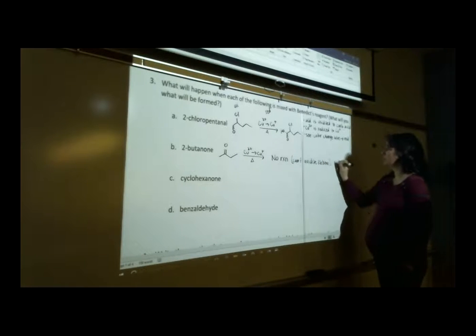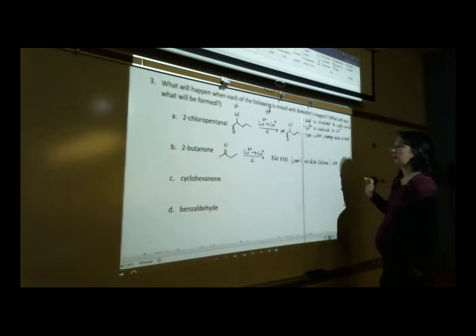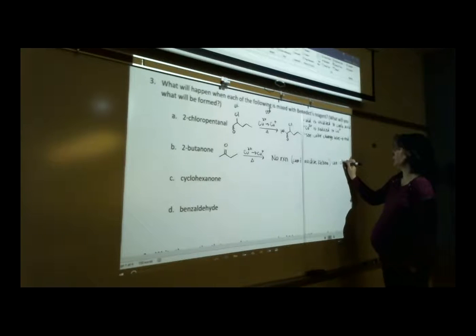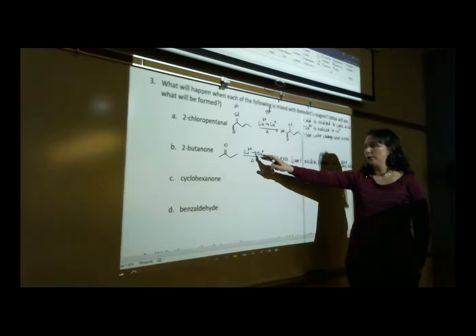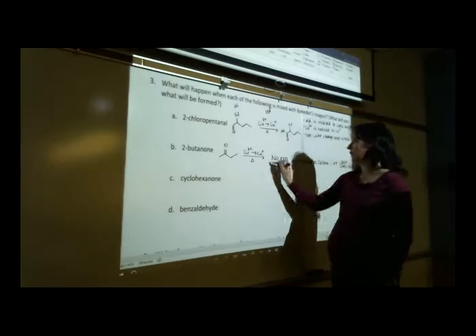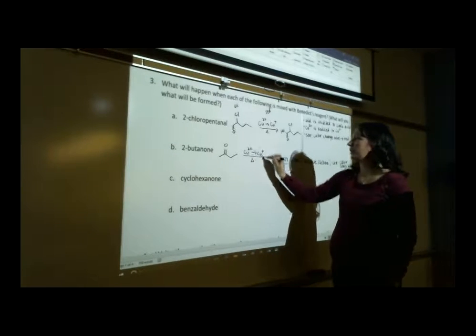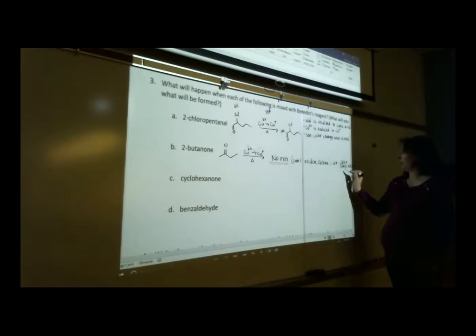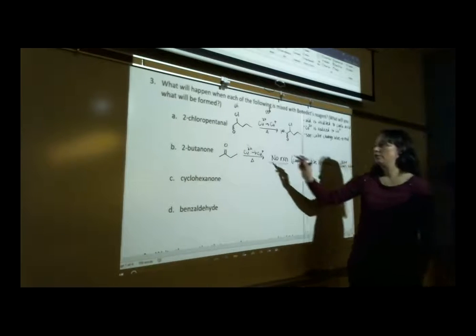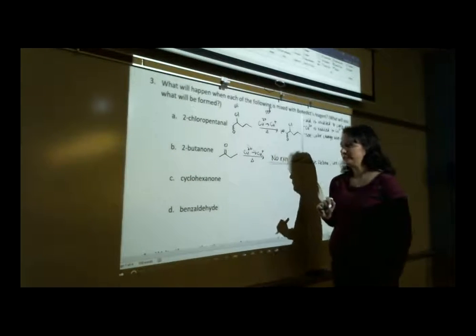So what would you see? Color stays blue, right? Because copper 2 is blue. So this is not going to happen, right? No reaction. This reduction won't occur because there's no oxidation that's taking place. That's why the color remains blue. Right, so there's no reduction because there's no oxidation.